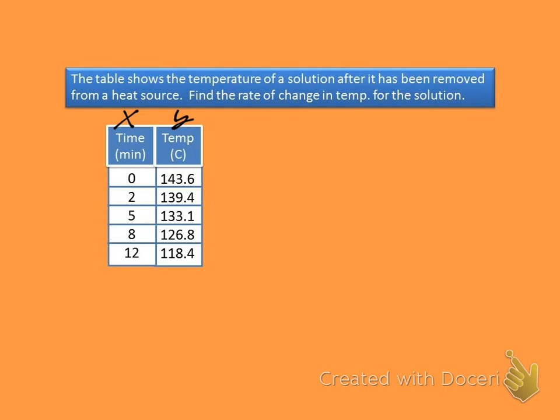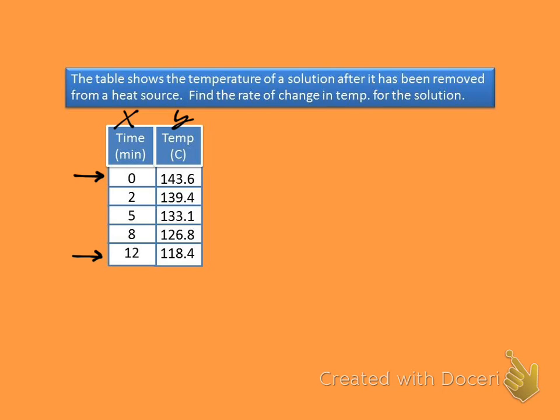Now, what you need to do then is find the change, the distance between your two x values and two y values. And whenever it's very vague as to which ones to use, I always use the first two. I always use the first two.